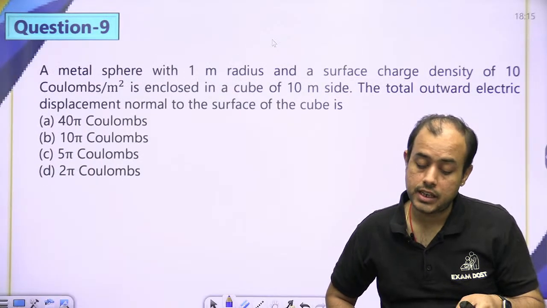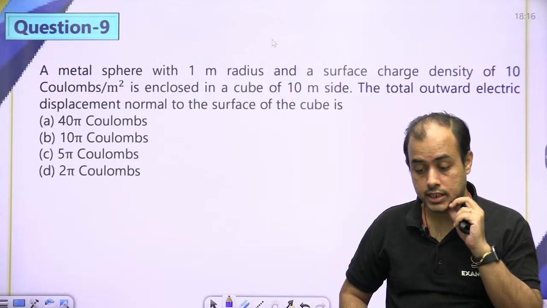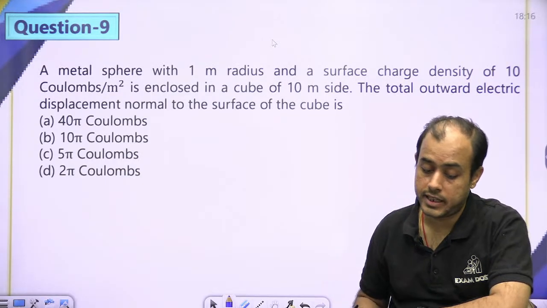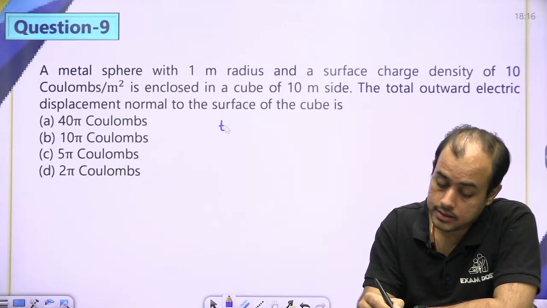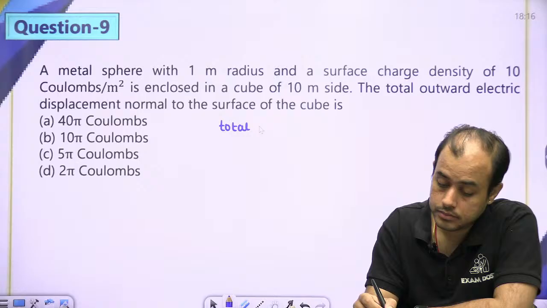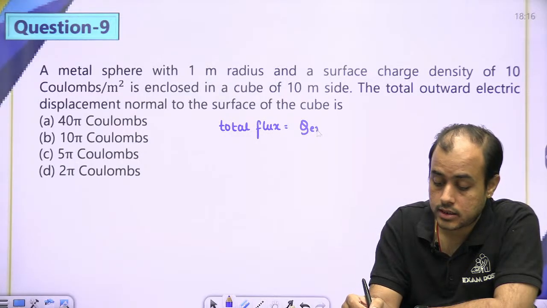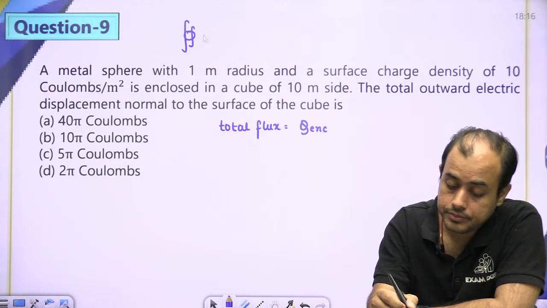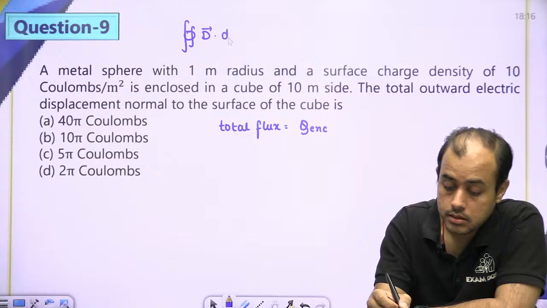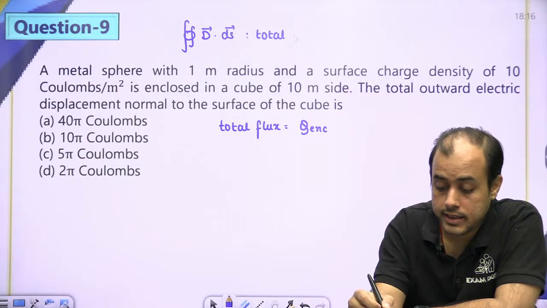A metal sphere with radius 1 meter, surface charge density 10, is enclosed in a cube. Total outward displacement normal to the surface. So total flux is equal to charge enclosed. Outward displacement का मतलब ये है, that is the total outward displacement.